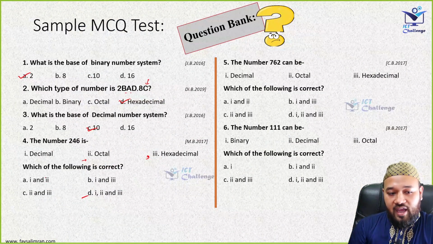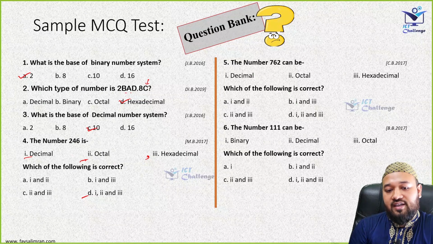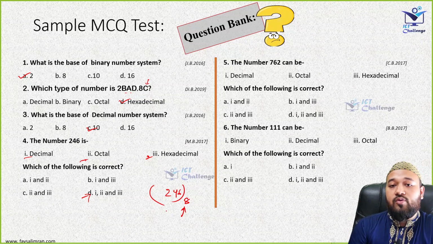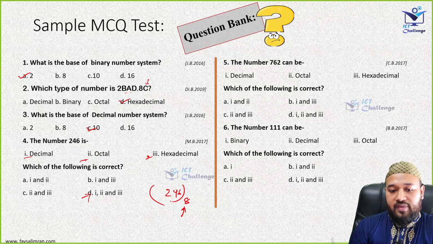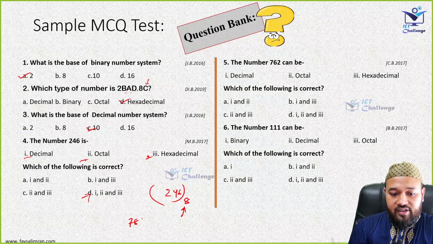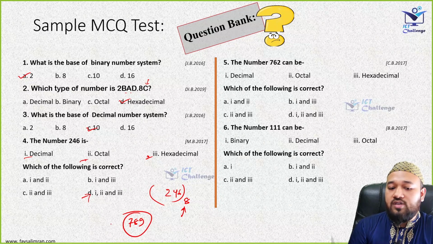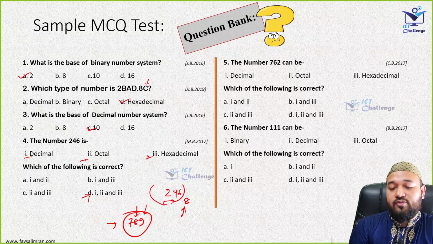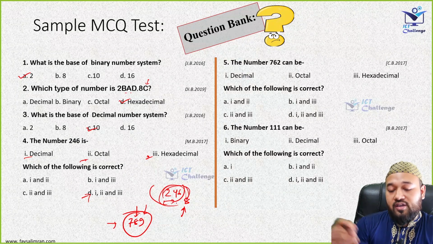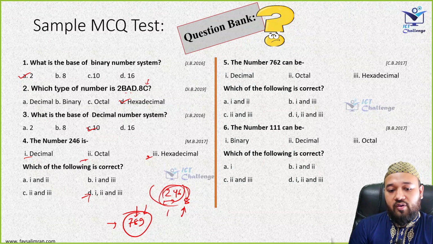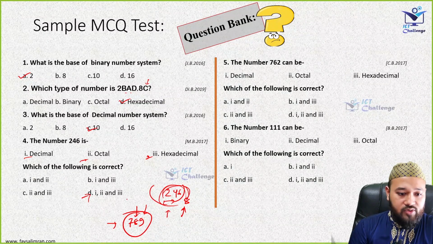So the answer is decimal, octal and hexadecimal, so 1, 2 and 3. Clear? If we don't have the base, it's very confusing. If I write 7, 8, 9, that is not an octal number, because the octal system does not contain 8 and 9. But digits in the range 0 to 7 are included in all the number systems. So that's why 1, 2 and 3.